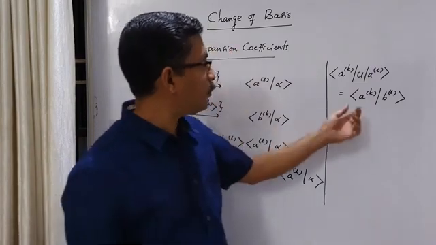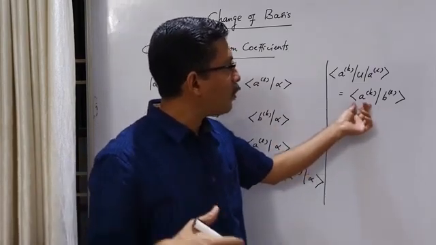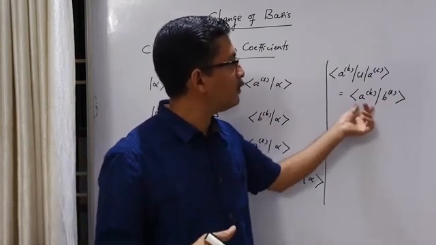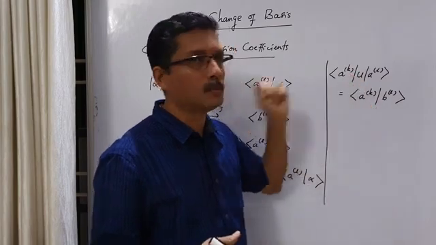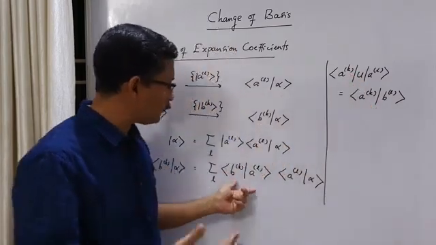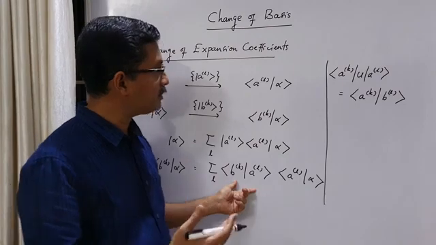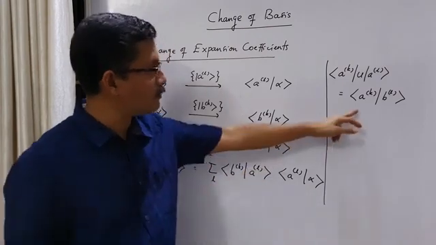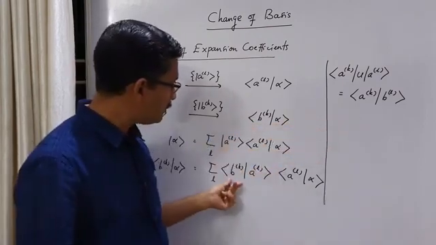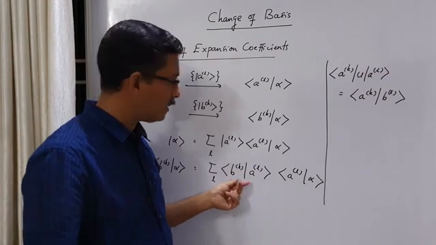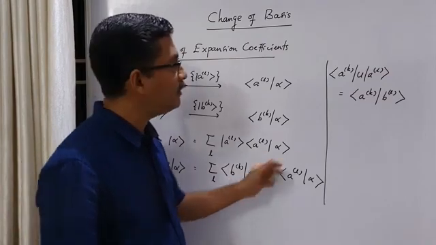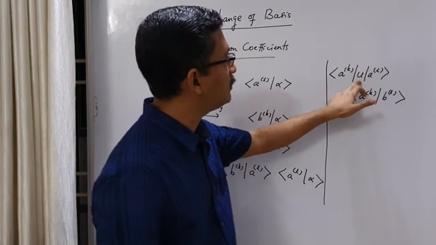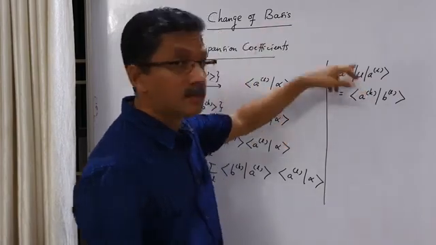So in this type of structure, bra vector is old basis, ket vector is new basis. This is the matrix element of U. Here the structure is different. It is the Hermitian adjoint of this one: bra vector is new basis, ket vector is old basis. Then what you get is the matrix element of U dagger.